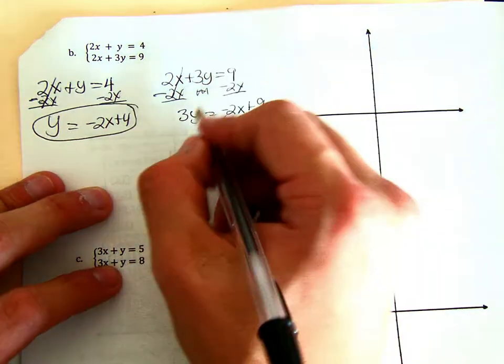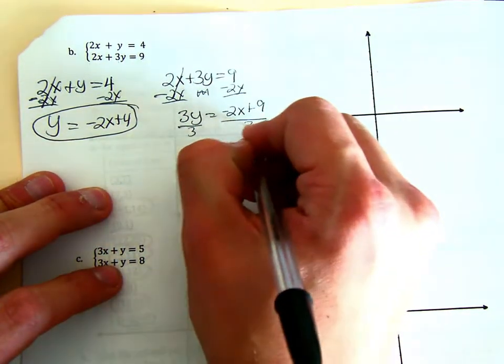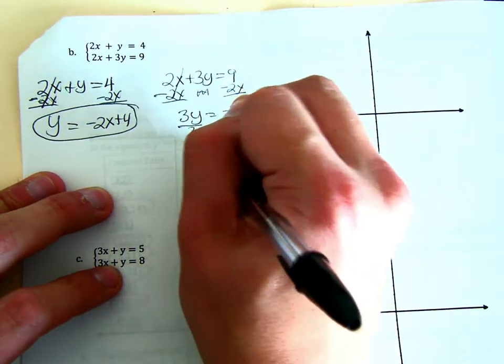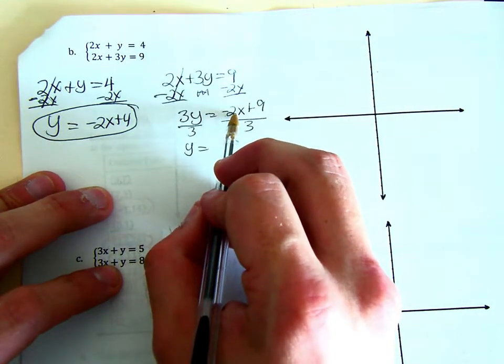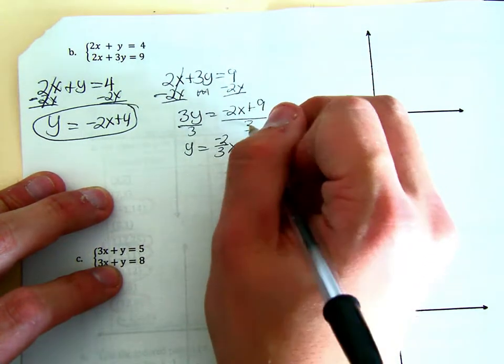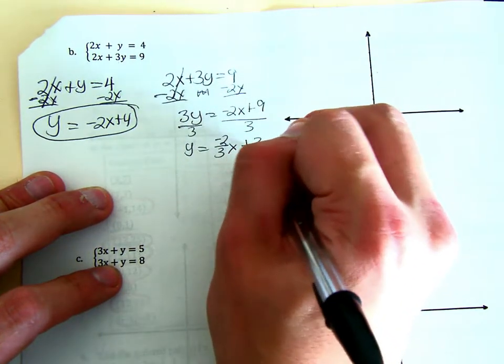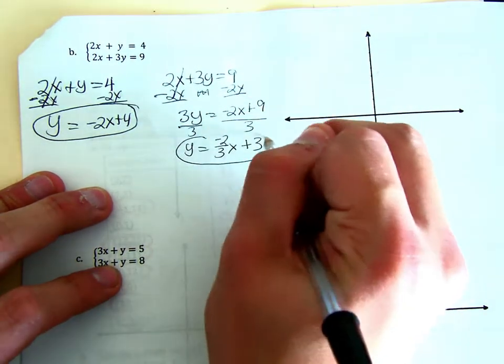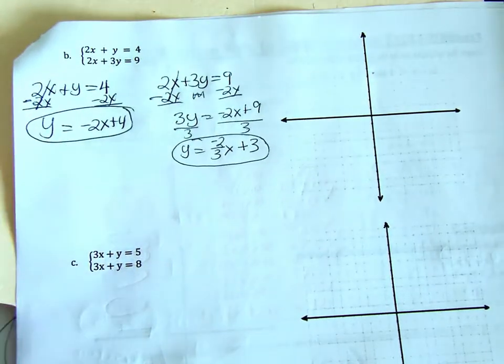And then I'm going to divide by 3. So I get that y is equal to negative 2x divided by 3, which is negative 2/3 x. 9 divided by 3 is just a positive 3. So here are my two equations. I'm going to do this one in the calculator.